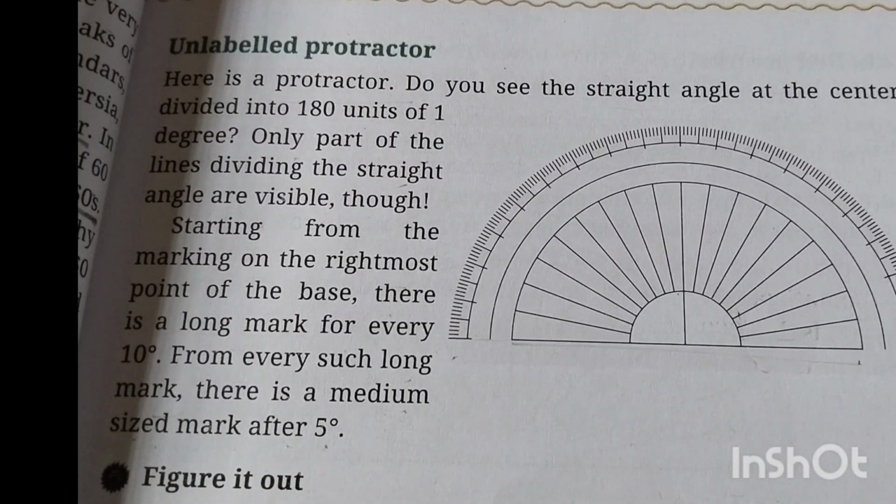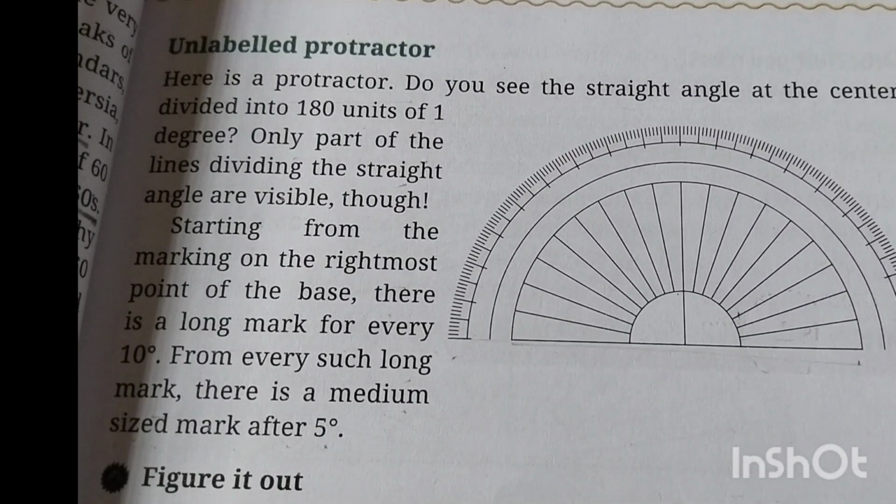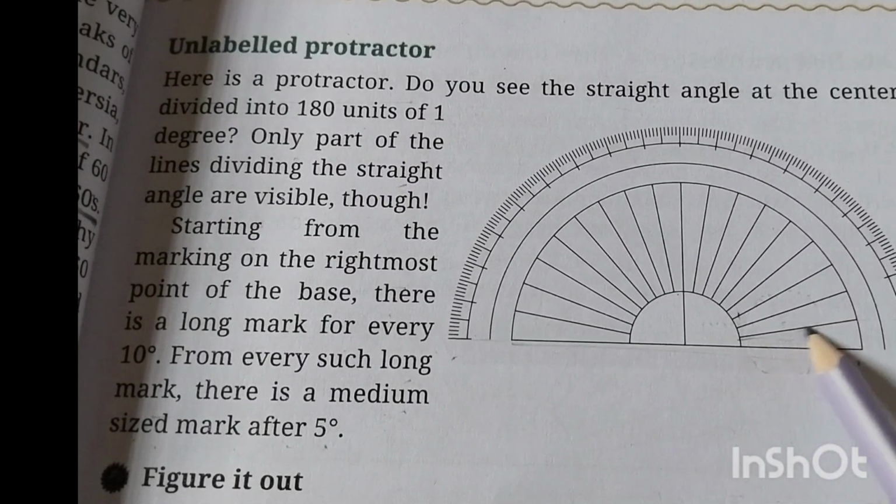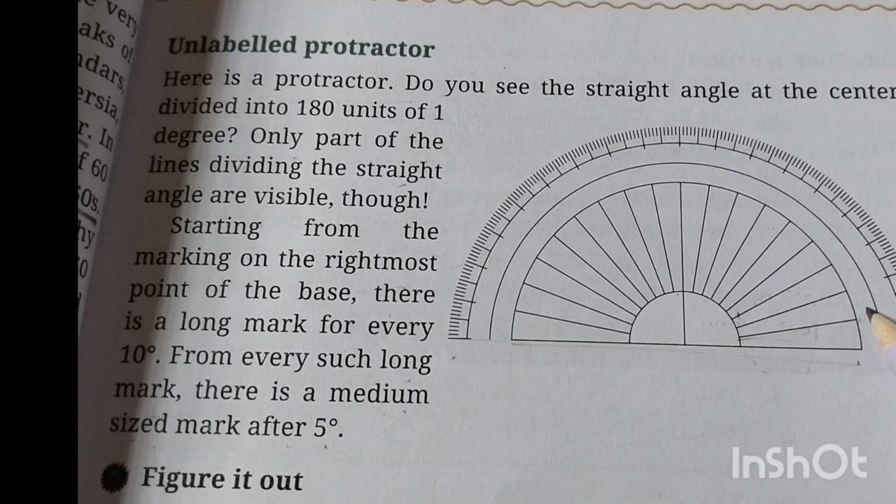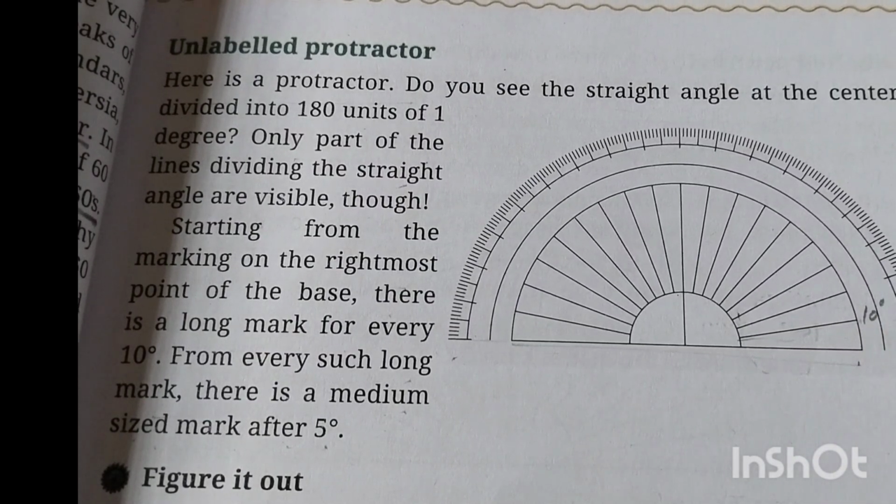After 5, what is this? 0, 1, 2, 3, 4, 5. This is 5 degrees, right? Then 6, 7, 8, 9, 10. Now for 10, this long mark is there for 10 degrees.